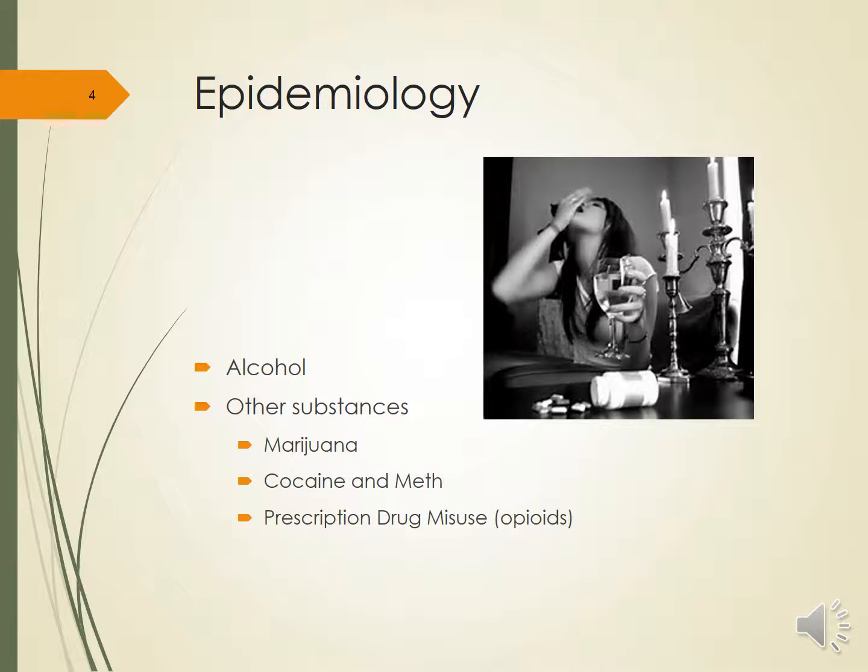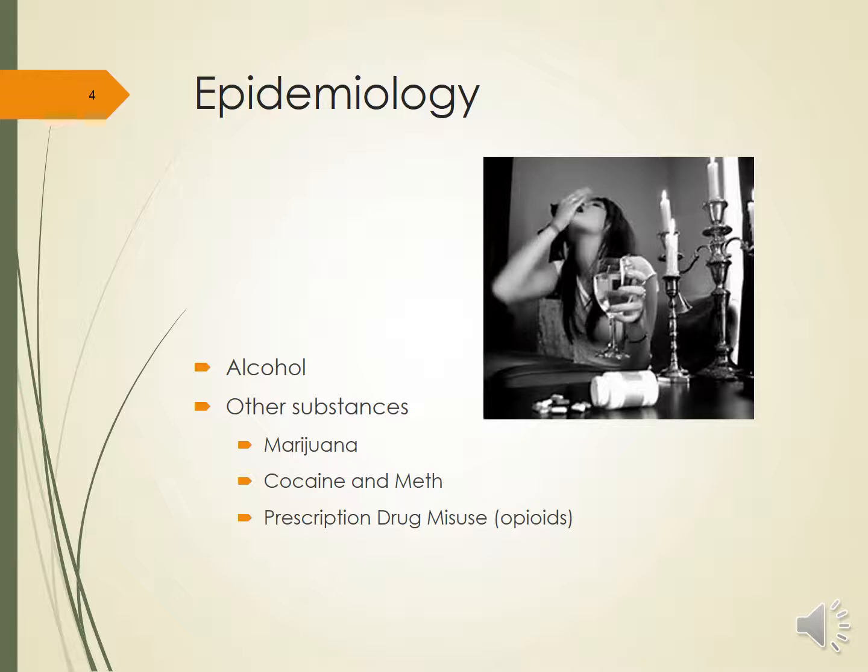For example, it's much higher among Alaskan Natives and American Indians, and a patient population composed of people in their 20s is going to have the highest rate of substance abuse of any other decade of life.